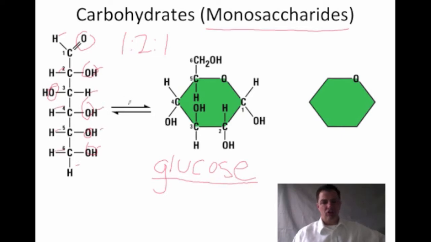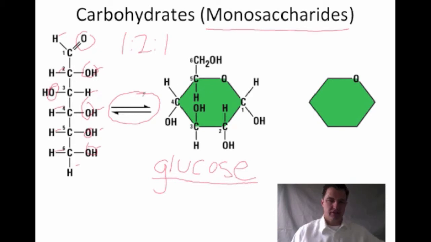Now, with glucose, this shows that the reaction can move back and forth between these two states. This is glucose, but this is also glucose. Glucose will tend to form these rings. It'll fold upon itself and form a ring structure like you see here. Both of these are glucose molecules.